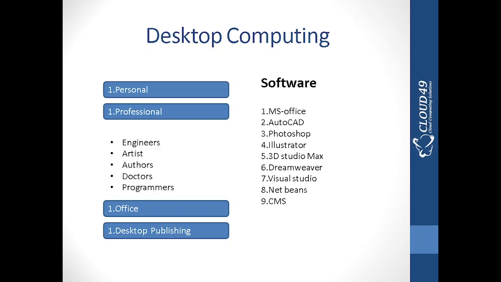This type of computing we call desktop computing. Desktop computing is also used in offices and desktop publishing. What software is commonly used in desktop computing? If you have a personal laptop, most of the time people use MS Office, MS Word, PowerPoint, Excel.